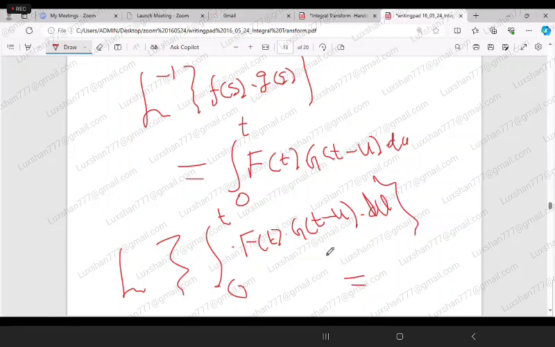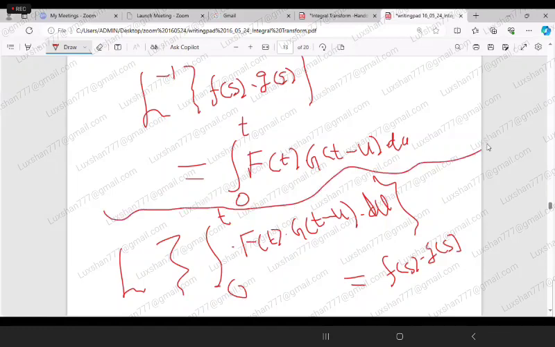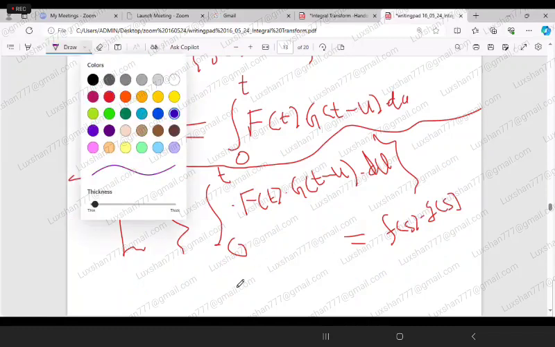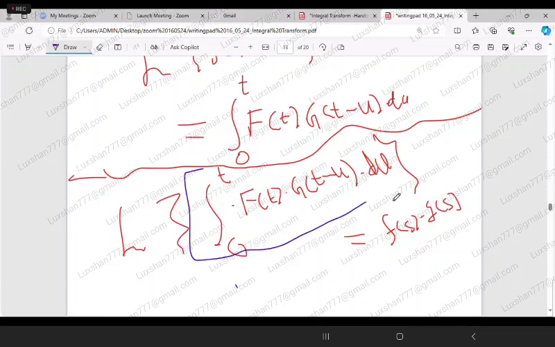This is nothing but F(s) into G(s). So if the inverse Laplace transform of F(s) into G(s) is this one, the Laplace transform of this one is F(s) into G(s). Look here, this is a similar thing you can find in your integral equation.